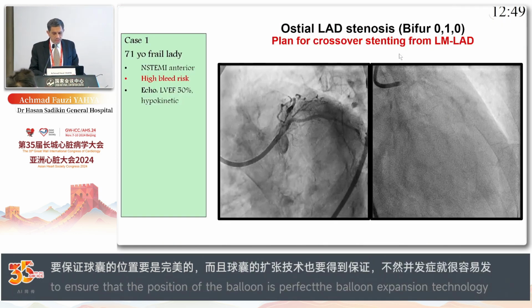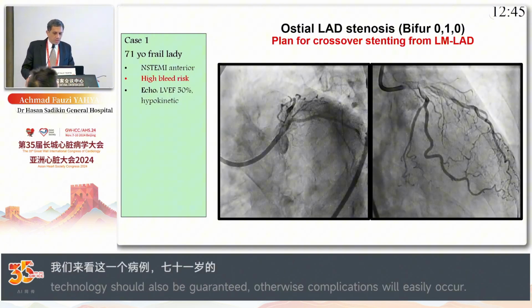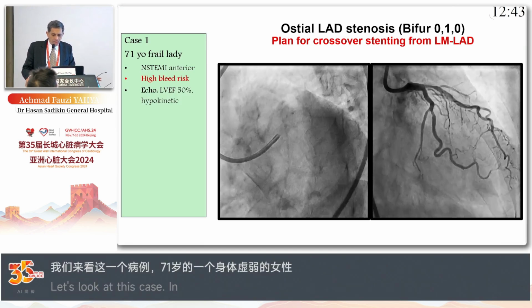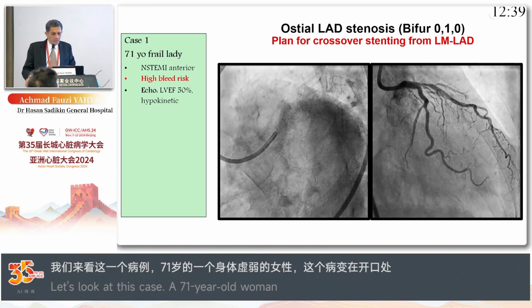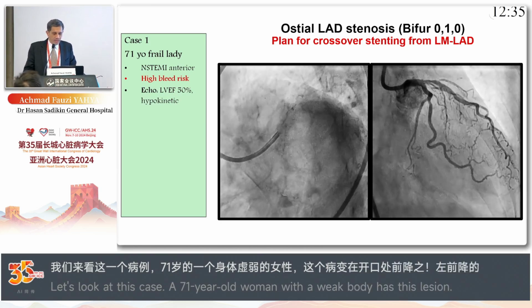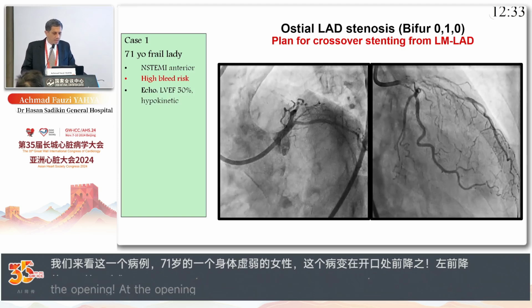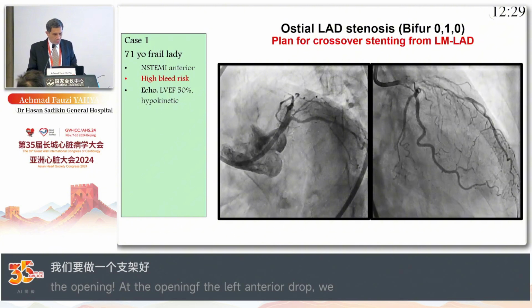Look at these lesions at the ostial part of the LAD. We planned a crossover stenting from left main to LAD. This is a STEMI anterior with a high bleeding risk, a 71 years old lady.